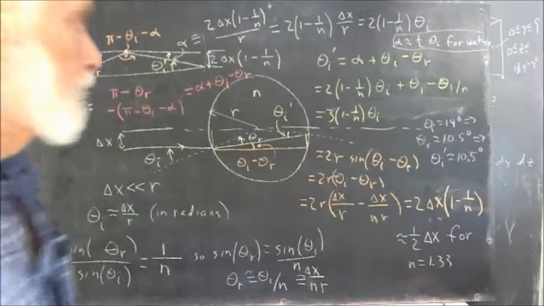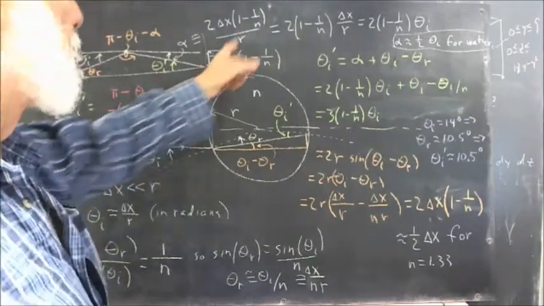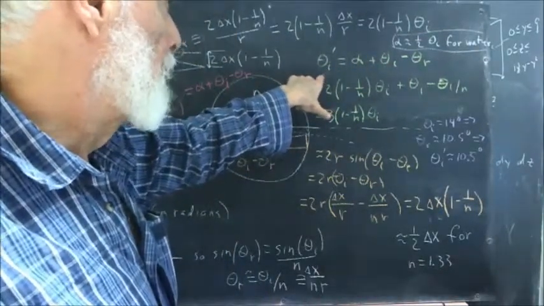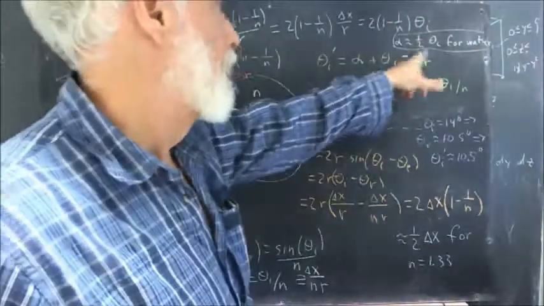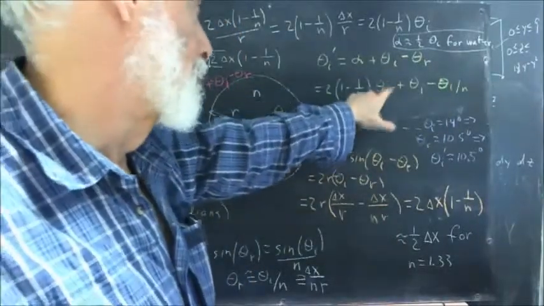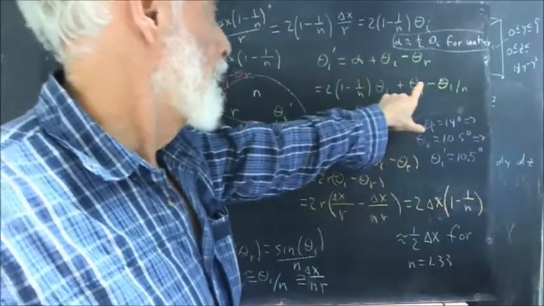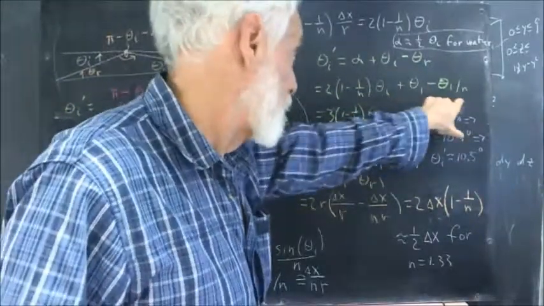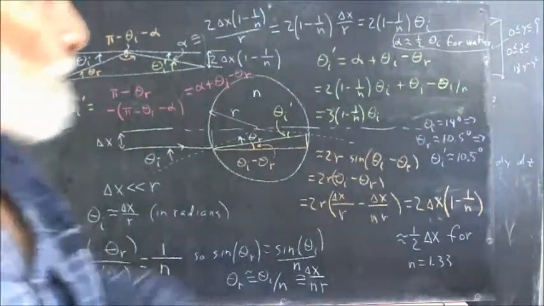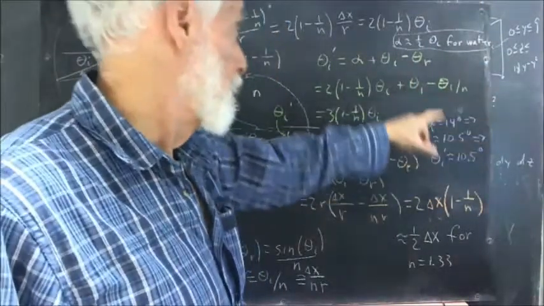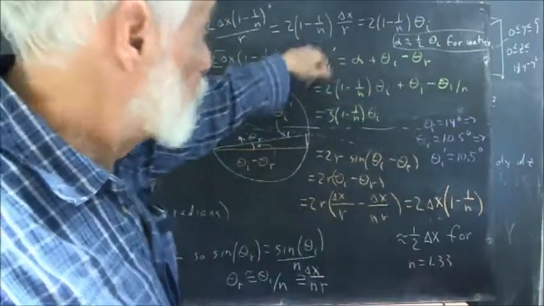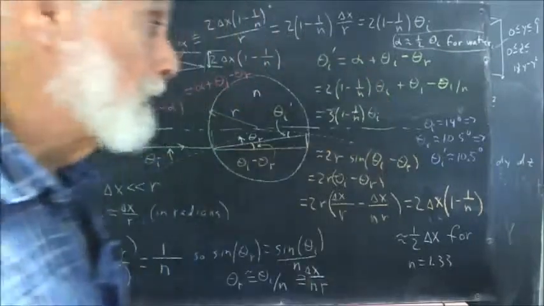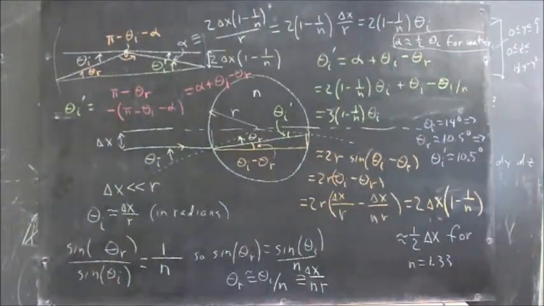Now over here, alpha has been established as 2 times 1 minus 1 over n theta sub I. So theta sub I prime is alpha plus theta I minus theta r, 2 times 1 minus 1 over n theta I. And then we're going to add theta I, and then noting that theta r is theta I over n, we got theta I minus theta I over n. That's theta I times 1 minus 1 over n. When added to theta I times 2 times 1 minus 1 over n, we get 3 times 1 minus 1 over n theta sub I, if any of that makes any sense.